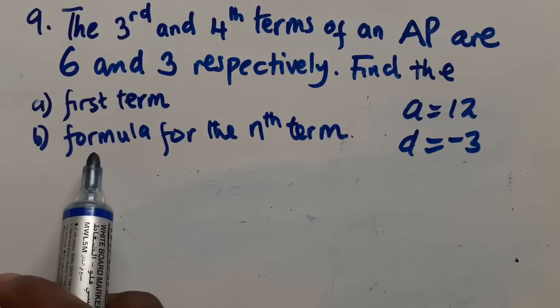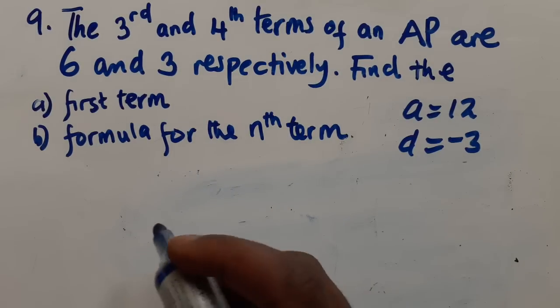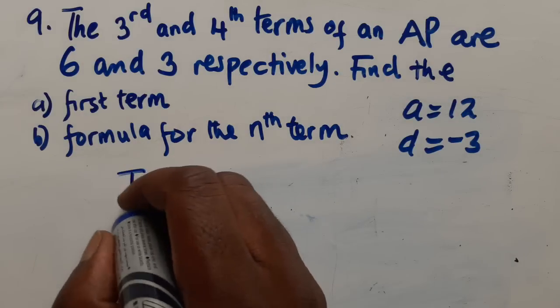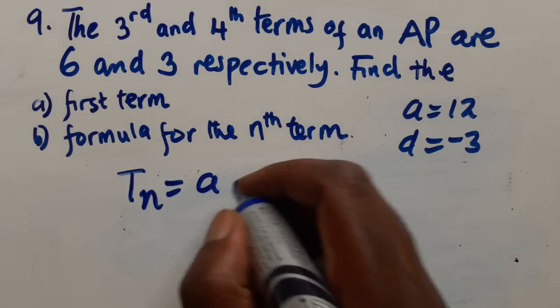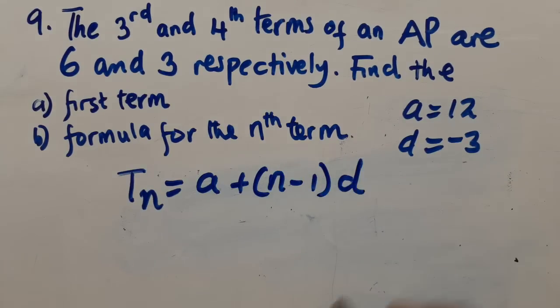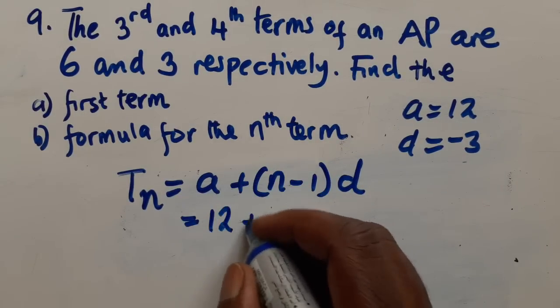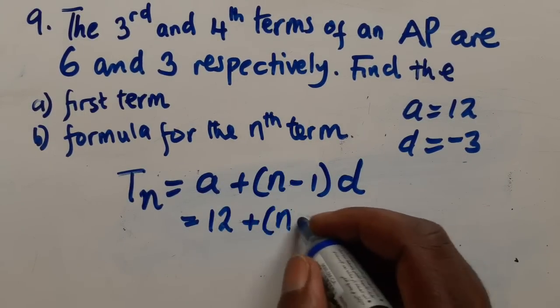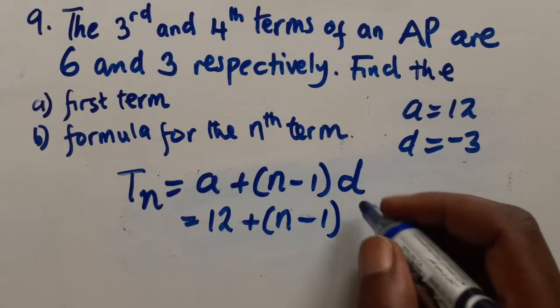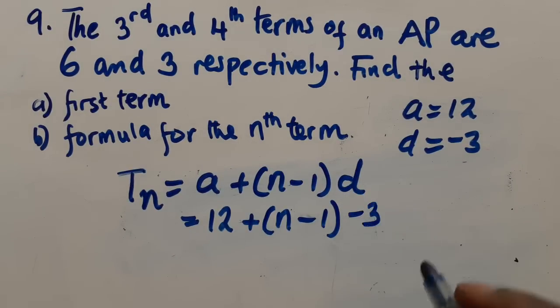Then this question says find the formula for the nth term. So for the nth term, this is our formula. In this case, we know our first term, and we know our common difference is negative 3. So we distribute.